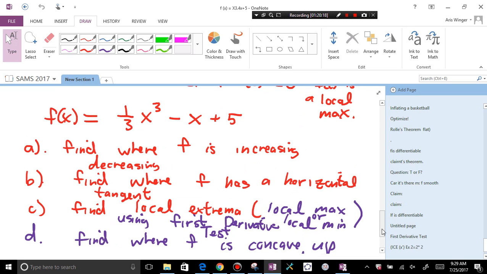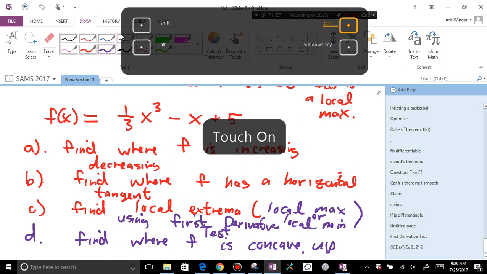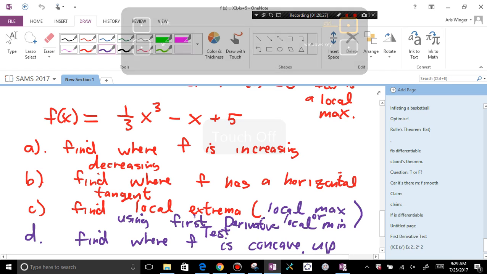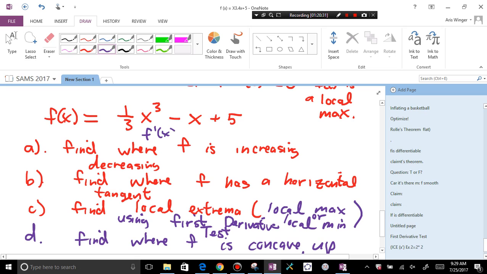Of course, we're going to take a derivative, set it equal to 0, and solve. f prime of x is equal to x squared minus 1. I set that up nicely for you all. This is 0 and x is 1 or minus 1.